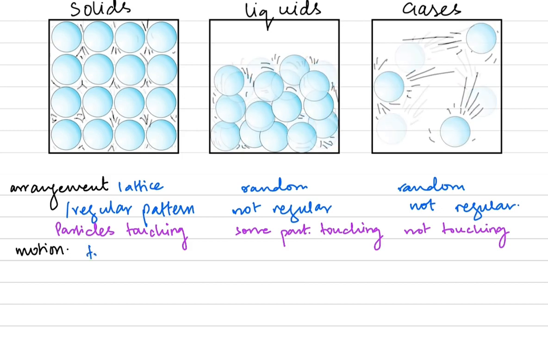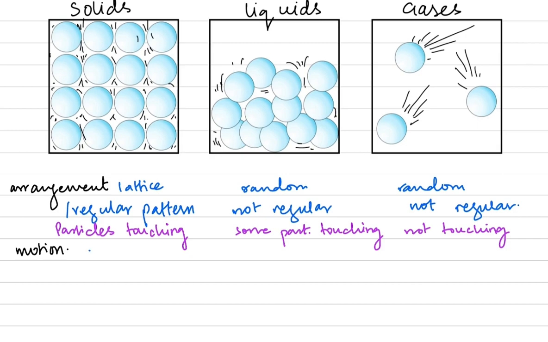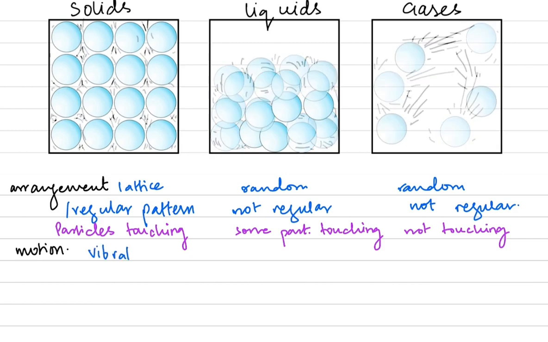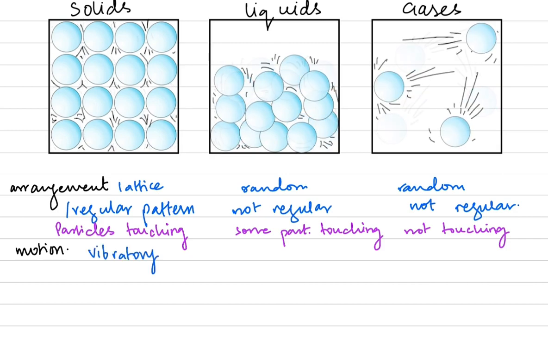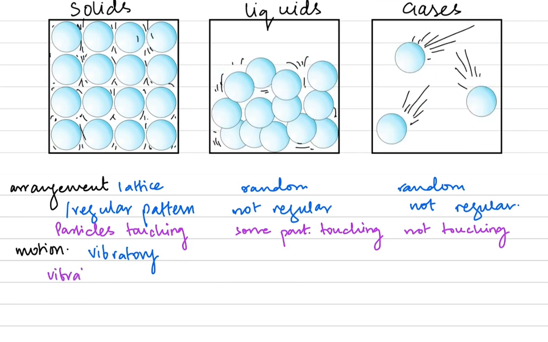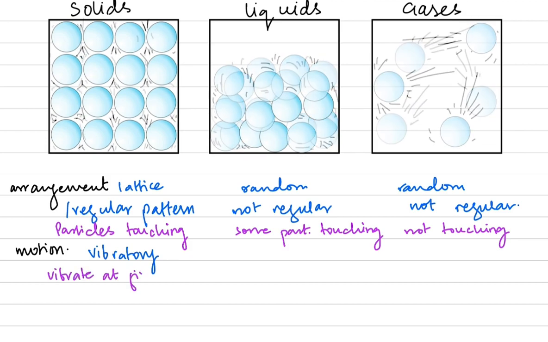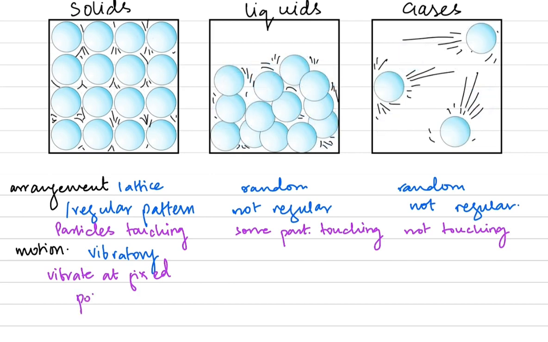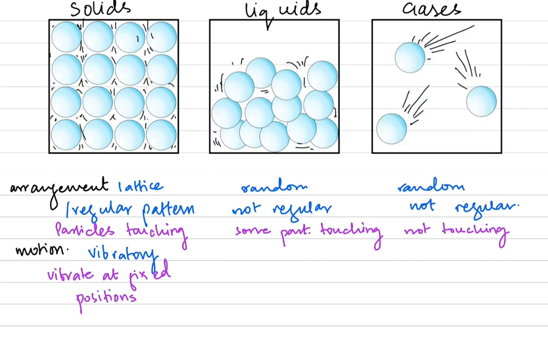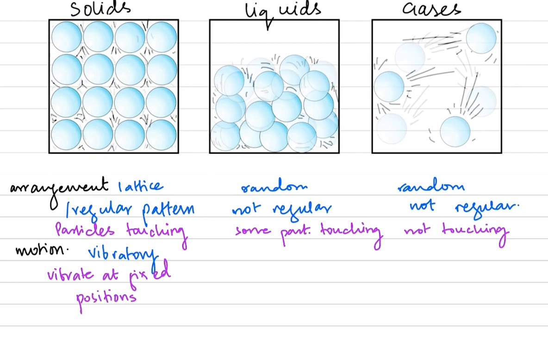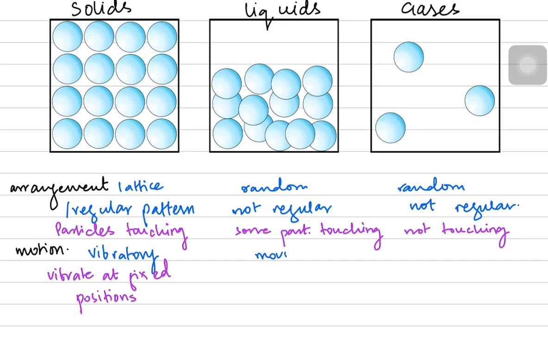When we apply the concept of motion, in solids, we use the word vibratory motion or vibrational motion, which means they vibrate at a fixed position in a to and fro manner. Based on temperature, their vibrations can become more vigorous, but they will not move away from their positions.